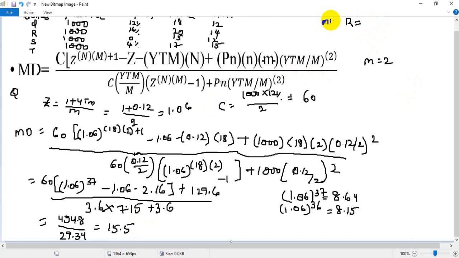For modified Macaulay duration, for R you will get 14.04. For S you will get 30. For T you will get 13.24. So this is how you are supposed to do, and I'll give you one problem for homework also.